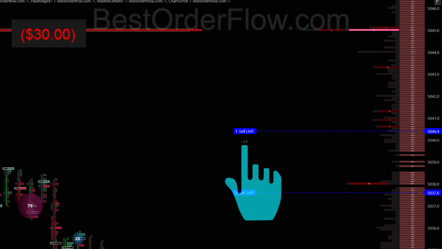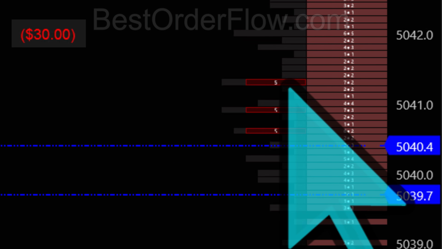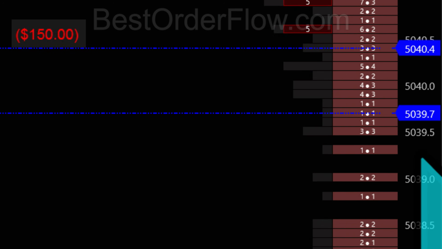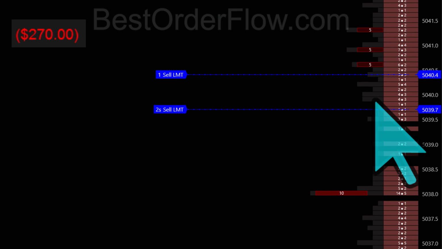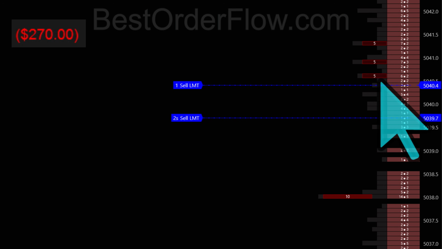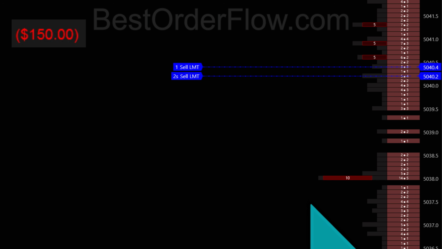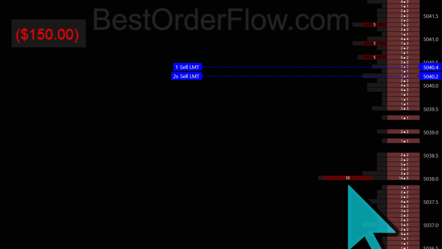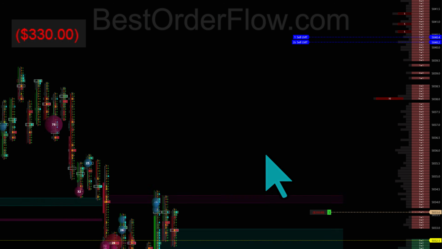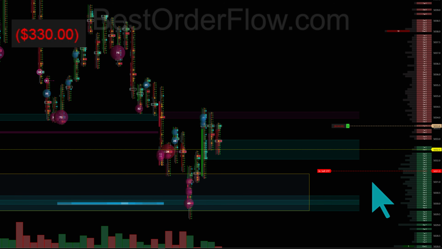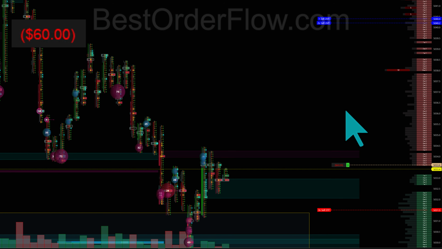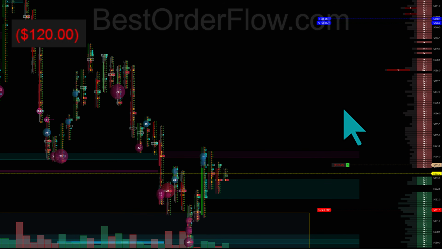Why is that so? Because on an MBO DOM, I see 3, 1, 2, 3 sellers with equal sizes sitting right there. I'm going to put it closer. If we pass this one, I'm sure we're going to pass it, and then I'm going to close my profit. Now that is a really large take profit.